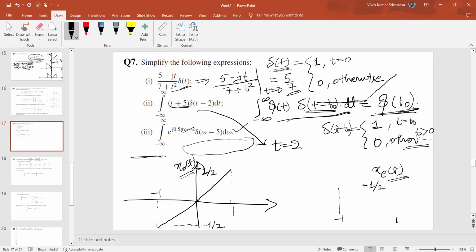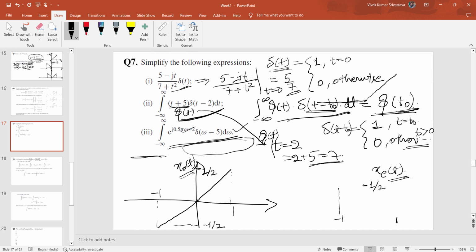We will put t equals 2 in the function phi of t, which is t plus 5. Once you put t equals 2 in phi of t, you will get 2 plus 5 equals 7. That is how you can calculate this kind of problem.